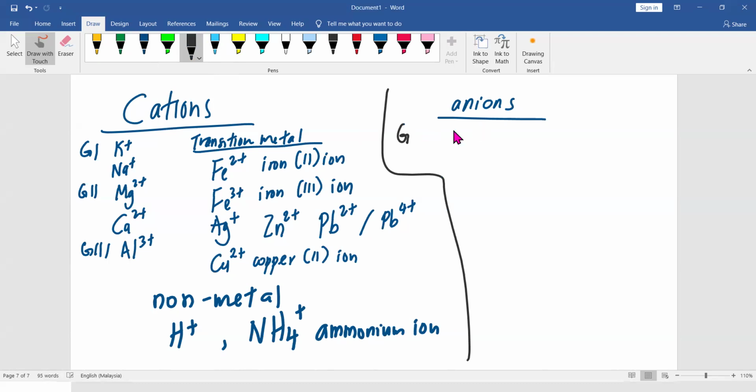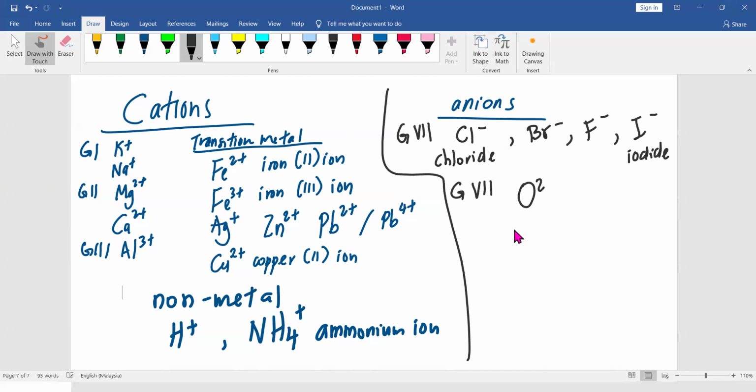Group 7: here the name changes. Chloride, bromide, fluoride, iodide. Group 6: oxide, sulfide. Please write this down, you need to memorize this.